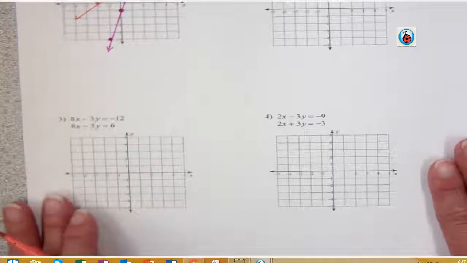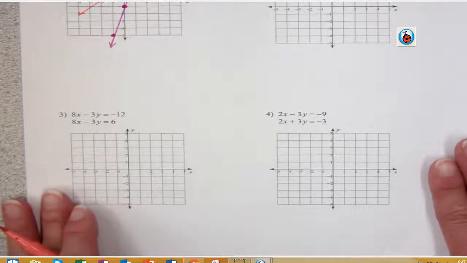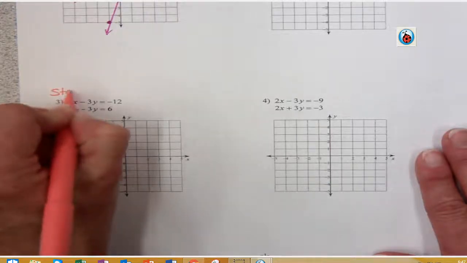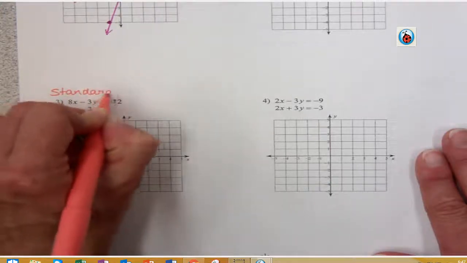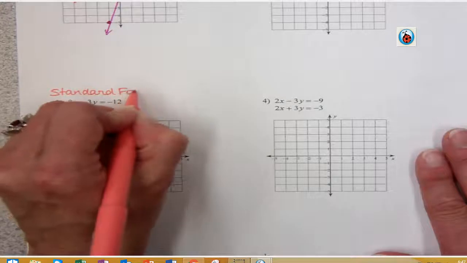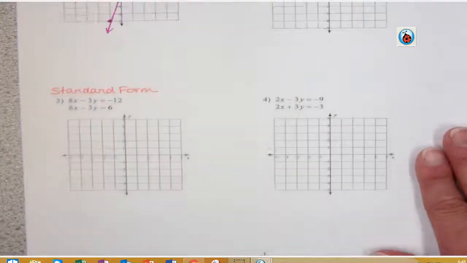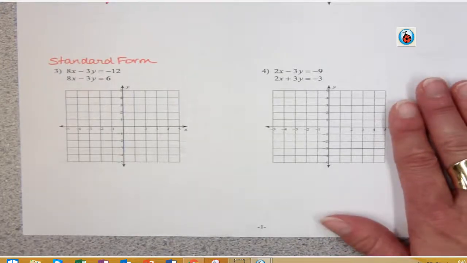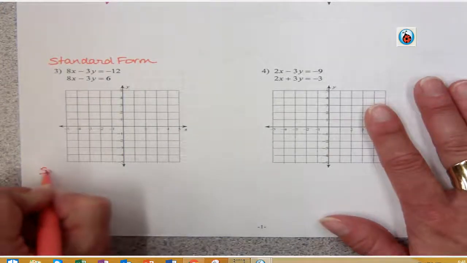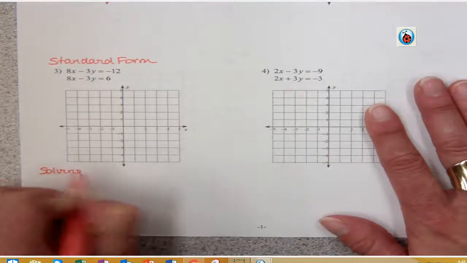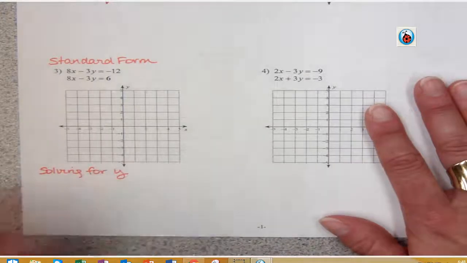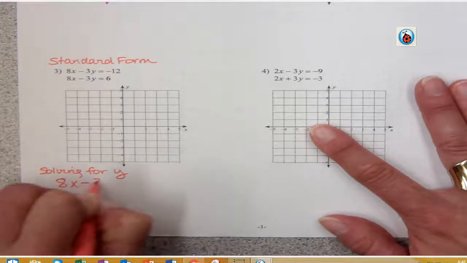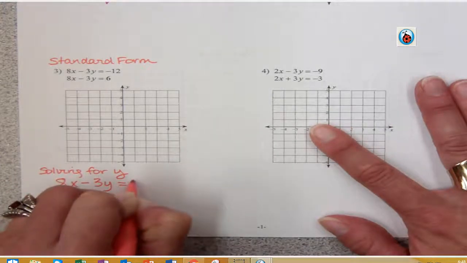Let's go down here to this problem. This is in standard form, so before you graph this, you need to convert it from standard form into slope-intercept form. You're basically solving for y using your inverse operations. You've got 8x minus 3y equals -12.